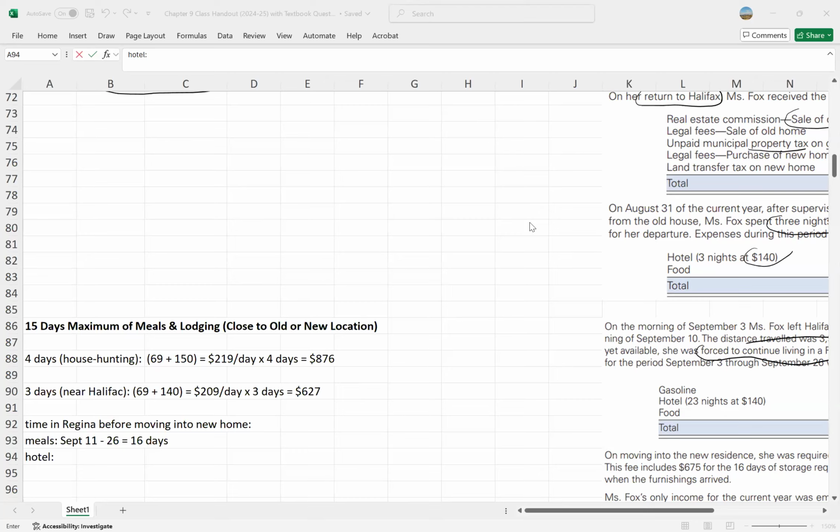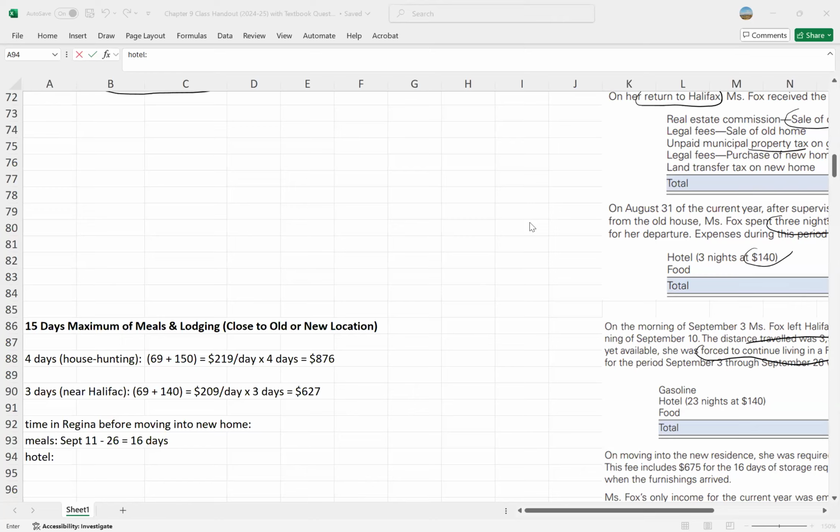As long as it's reasonable, that's what the CRA uses, a reasonability test. So let's say she's in Regina and she decides not to use the prescribed rate of $69 a day. She decides to keep track of all her receipts. If she spends more than that, but it's a reasonable amount, maybe $75 a day, then I'm sure the CRA would not have an issue with it.